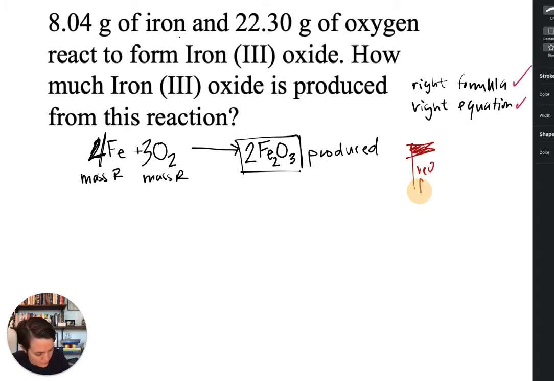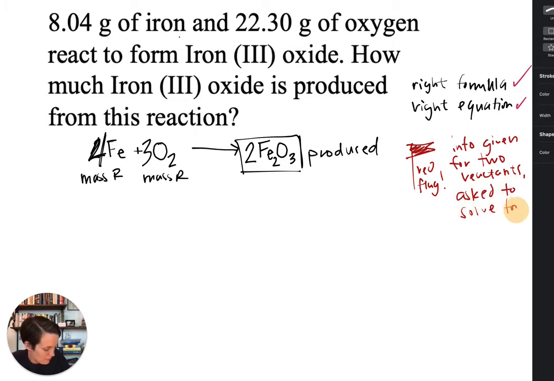The red flag is you're given information for 2 reactants and you're asked to solve for product, right? This is always the form that a limiting reagent question is going to take.